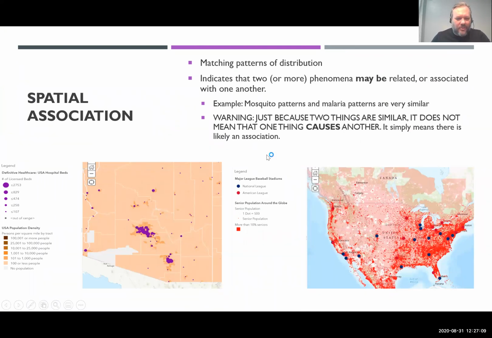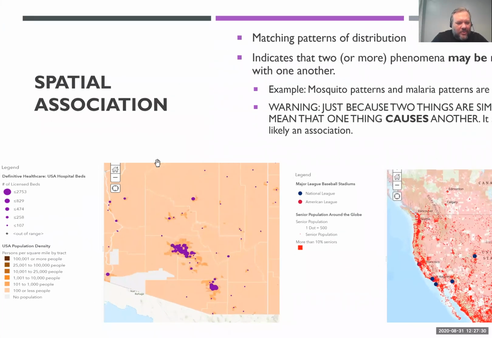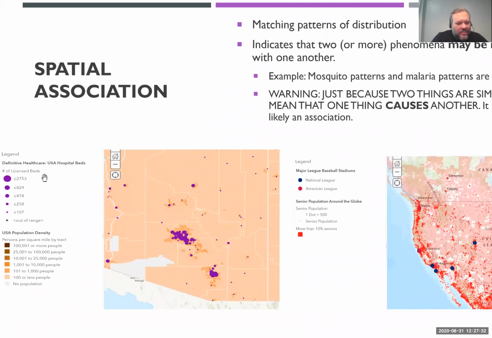All right, last little bit for this section. So spatial association. When you start mapping things out, you start to see that some things seem to line up. When we do that, those things may line up because one causes the other or because there's just an association between the two. Take a look at this map on the left. This is healthcare, U.S. hospital beds.